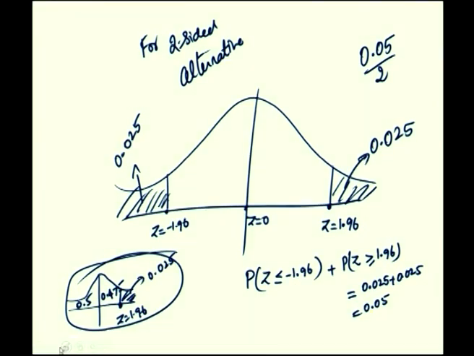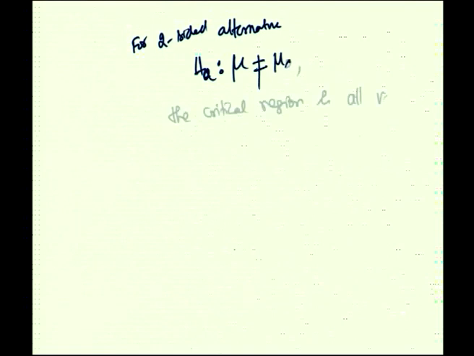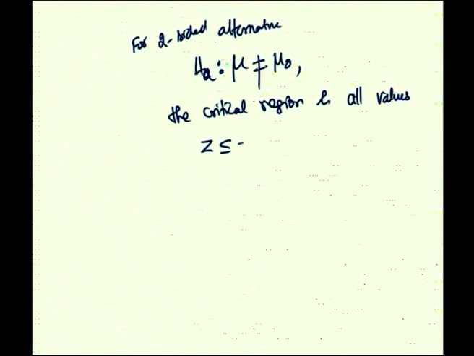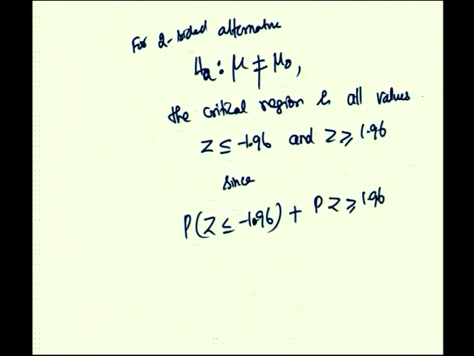For two-sided alternative, we write the critical region. For two-sided alternative HA, mu not equal to mu naught, critical region is all values z less than or equal to minus 1.96 and z greater than or equal to 1.96. Since you are having P of z less than or equal to minus 1.96 plus P of z greater than or equal to 1.96 is equal to 0.05.